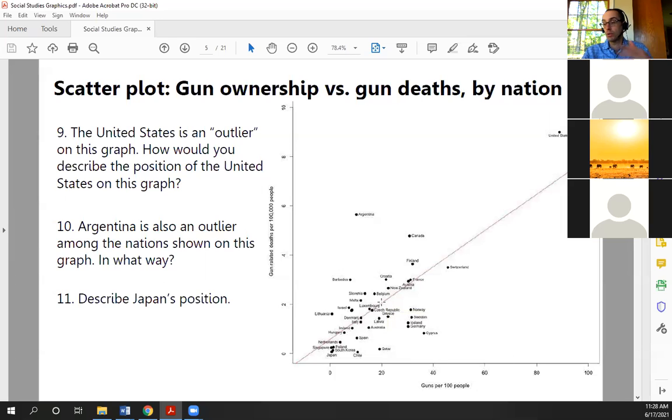So you could learn a lot from this kind of thing. If I was president of the United States, I'd be talking to some of these other countries and saying, what are you doing right that is making your nation so peaceful, so safe?